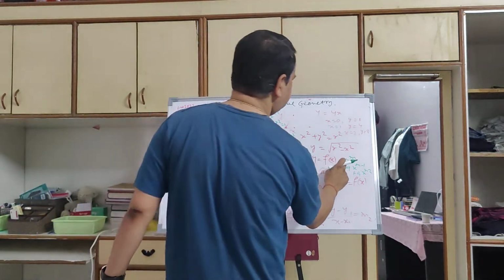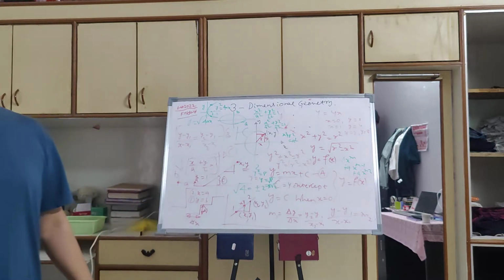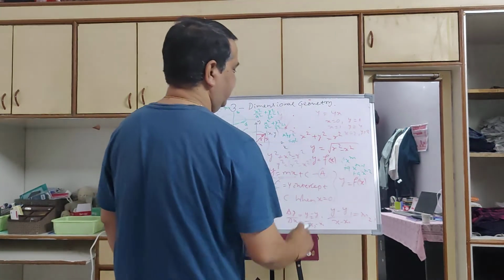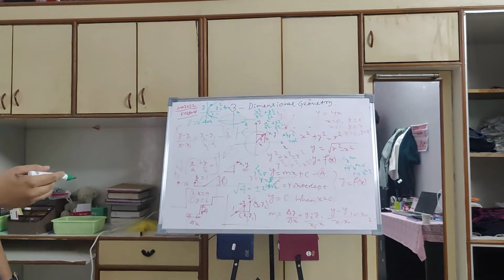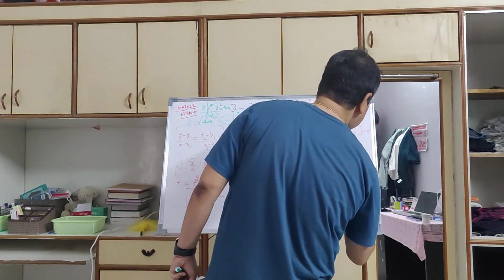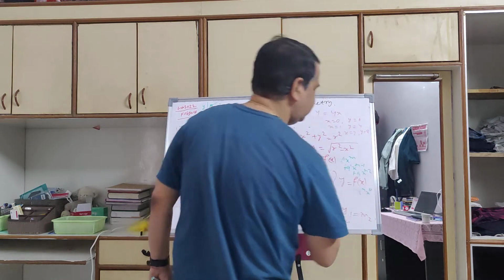Here a to the power 0 means 1. Anything to the power 0 is 1. So a to the power 0 into x to the power m, a to the power 1 into x to the power m minus 1, a to the power 2 into x to the power m minus 2. Like this it will go on and then it will become a to the power m into x to the power 0.